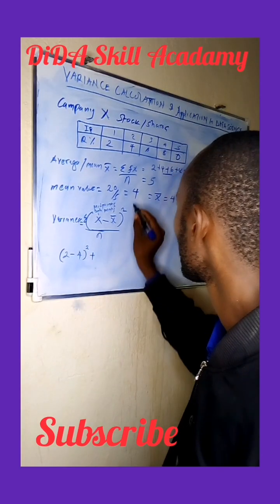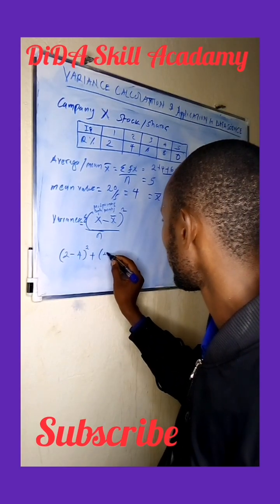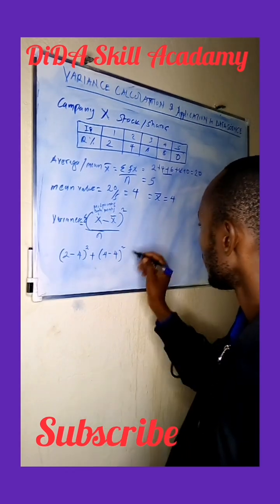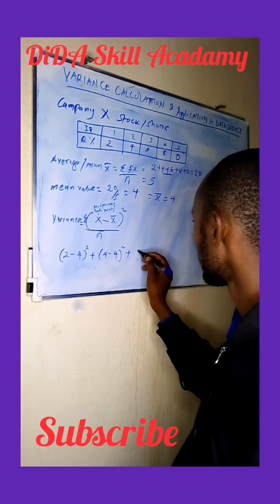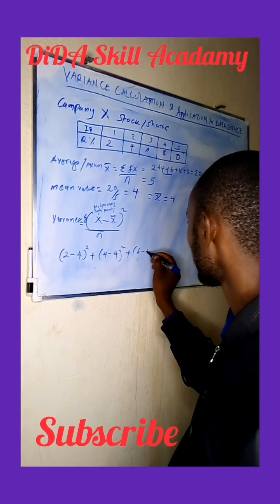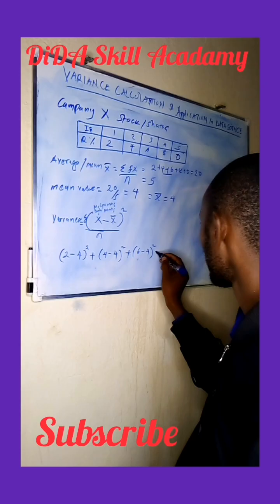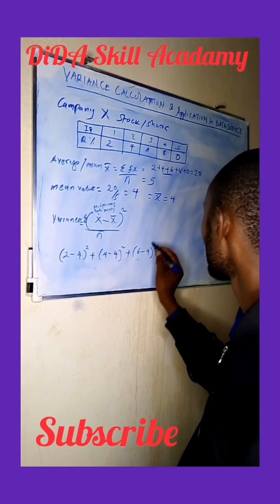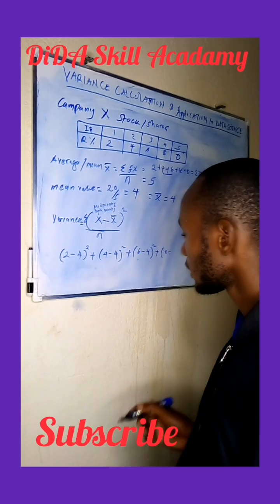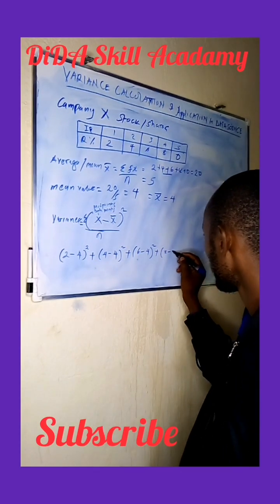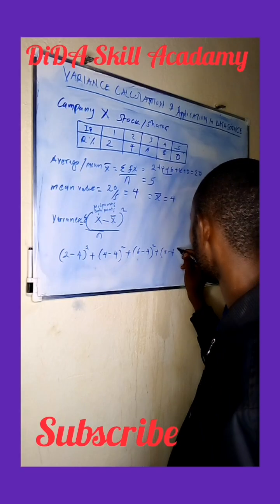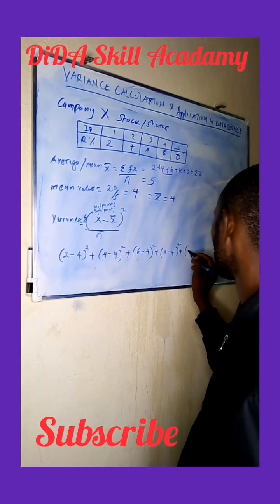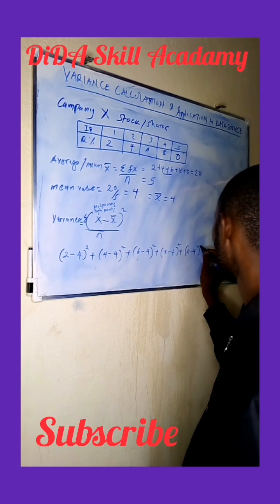You add our 4 minus 4 square, and then you add 6 minus 4 square, then you add 8 minus 4, and then you square, and finally you have your 0 minus 4, and then you square.